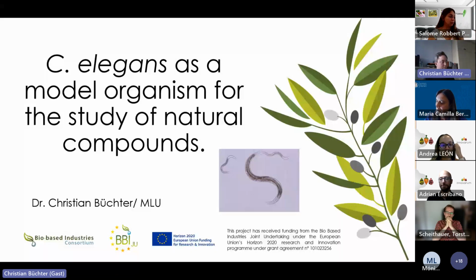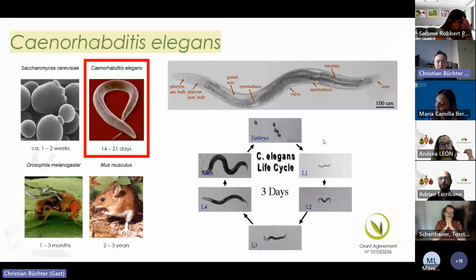As a little information about C. elegans, if you didn't already hear about it, it's a tiny nematode, roundabout 1 millimeter in size. It has some advantages as a model organism. For example, it has a very short life cycle of just about 3 days.